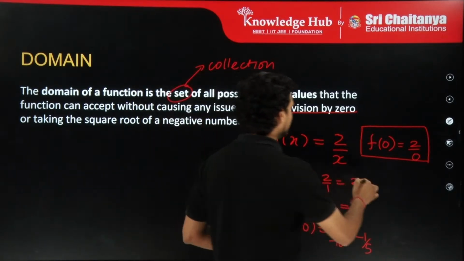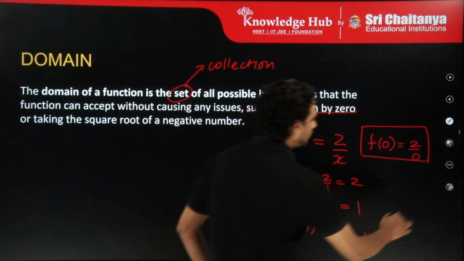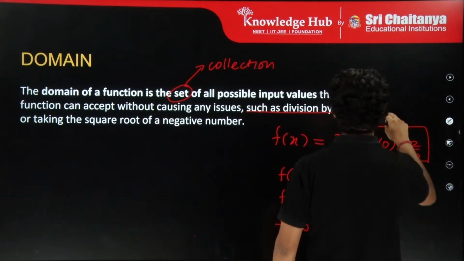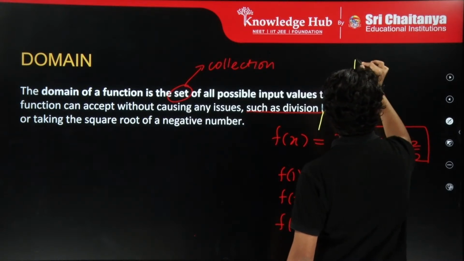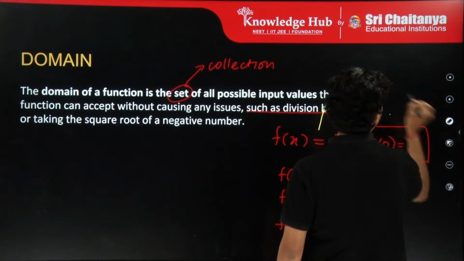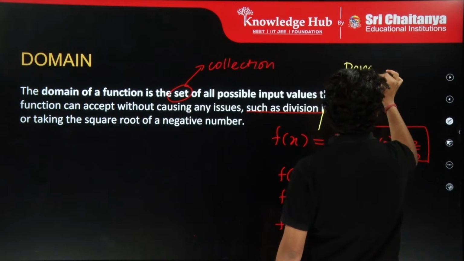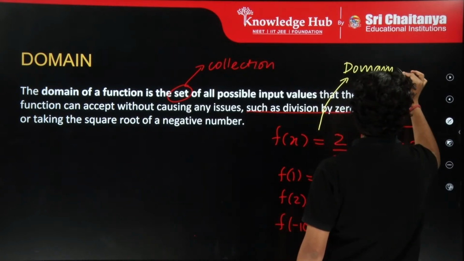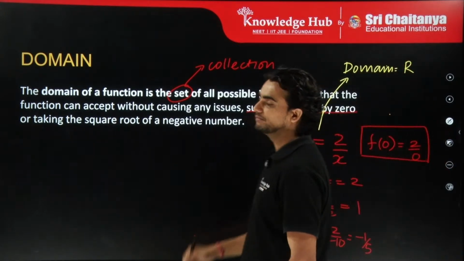So I can say that the domain for this function, sorry, domain, because we are talking about the input value. So the domain of the function is any number in R. Okay, R means real numbers.